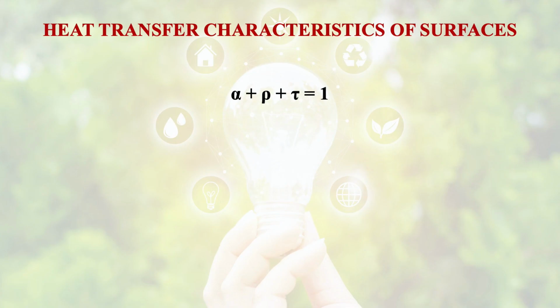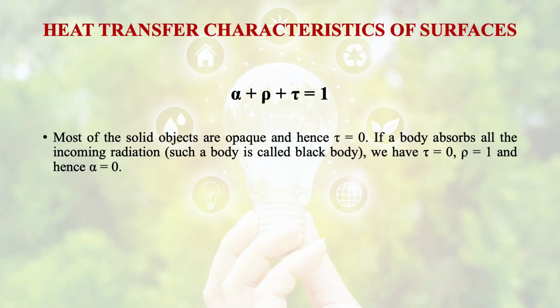So alpha plus rho plus tau is equal to 1. In total they will be 100%. Most solid objects are opaque, so their tau is 0. If a body absorbs all the incoming radiation, then tau will be 0, rho will be 0 and alpha will be 1.